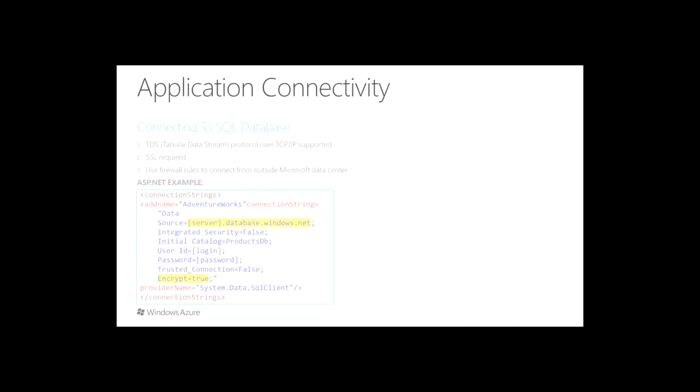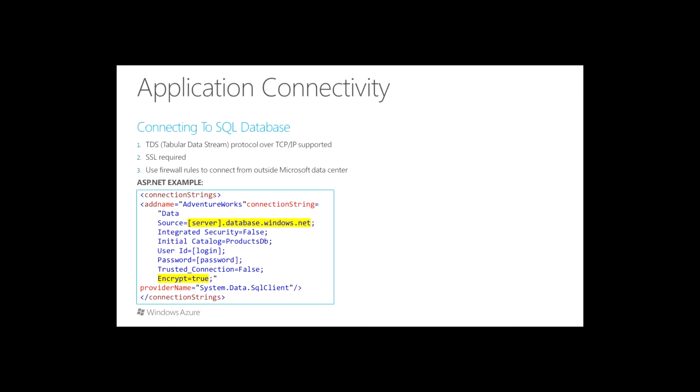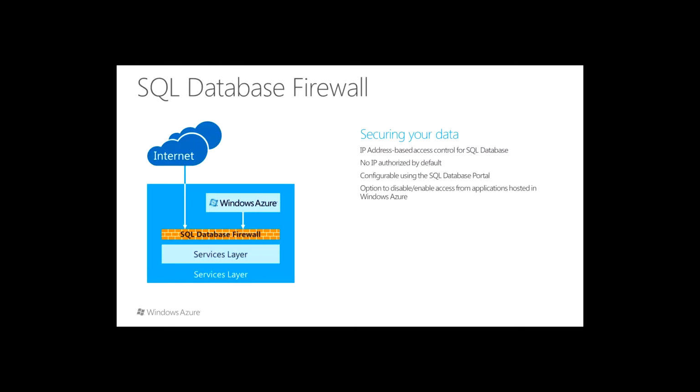Now, I asked you earlier to remember that checkbox when we provisioned our server, because one of the things that SQL Azure applies is firewall rules. In SQL Azure, you cannot connect to a database until you specify your firewall rules.